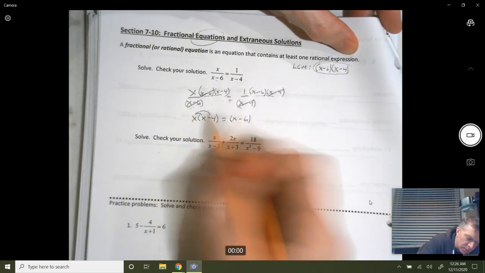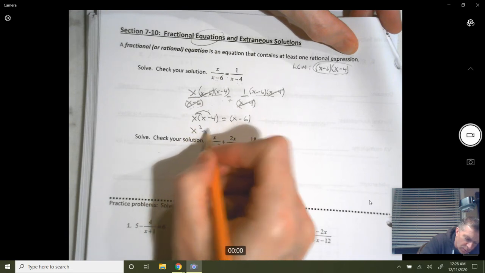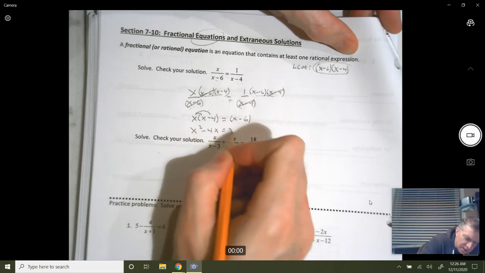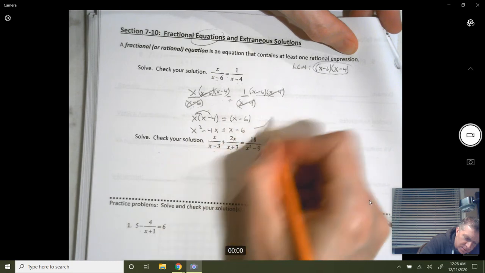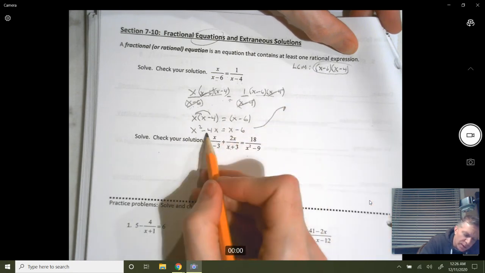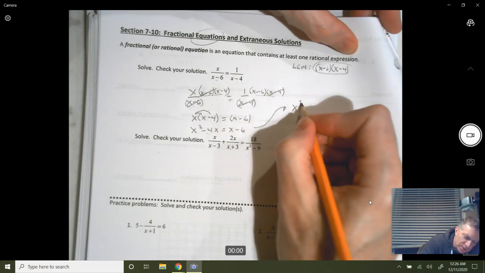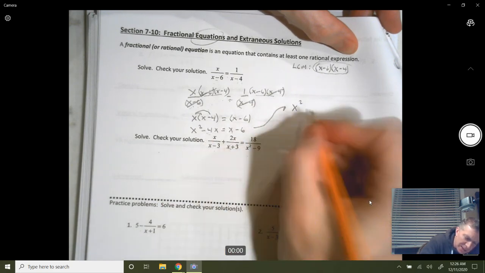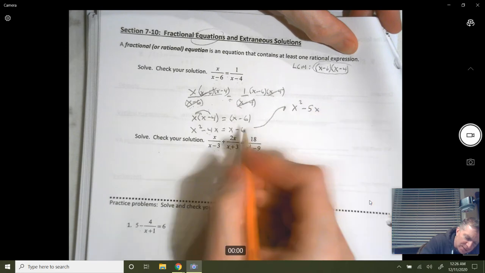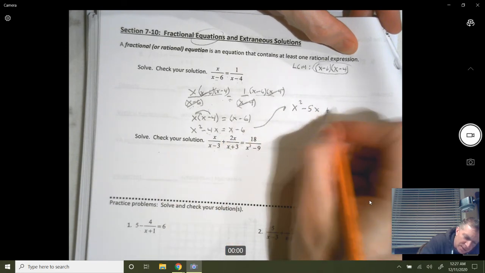So we're going to distribute: x squared minus 4x equals x minus 6. So come over here, subtract the x over here, and add 6 to both sides. So x squared, we subtract x from both sides, we get minus 5x. We add 6 to both sides, I'm going to get plus 6, equal to 0.